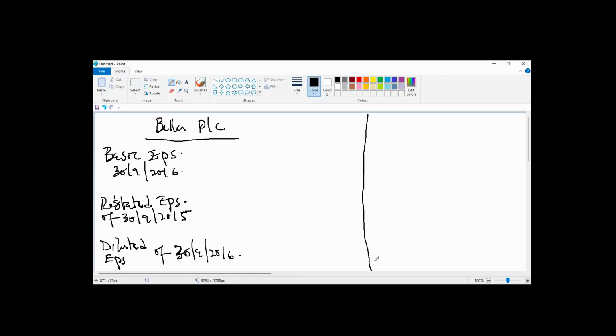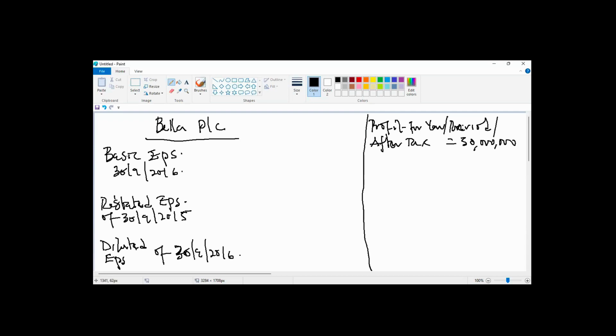Profit after tax of Bella for the year ended 30th September 2016 was 30 million. They have given me profit for the year, or they say for the period, or after tax, the same thing. It's 30 million naira.